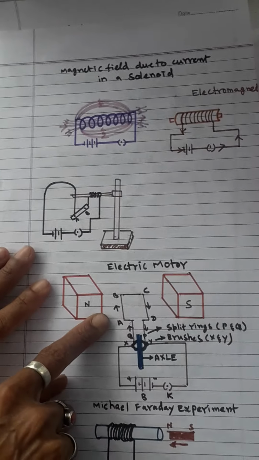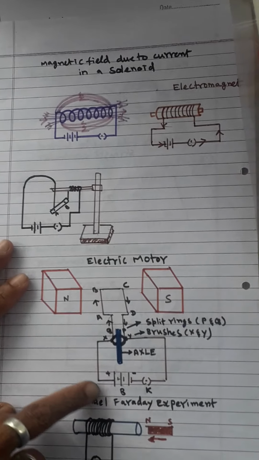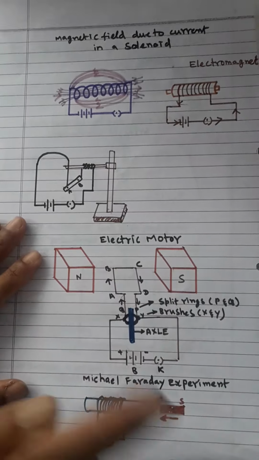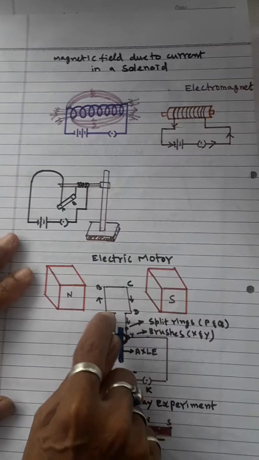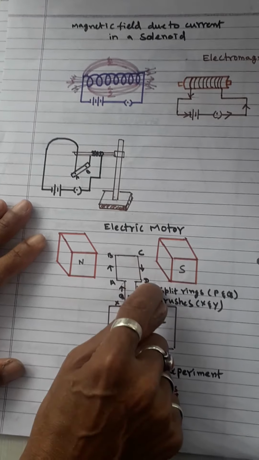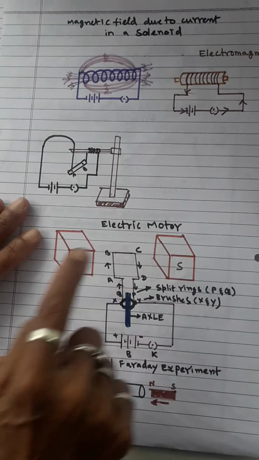Because CD comes over here, the current again passes from CD to AB. So this coil will always rotate in the same direction, not in a different direction.